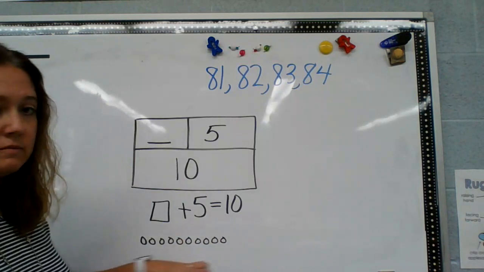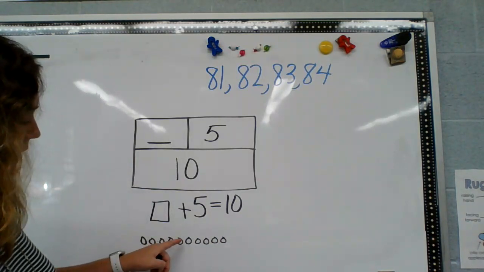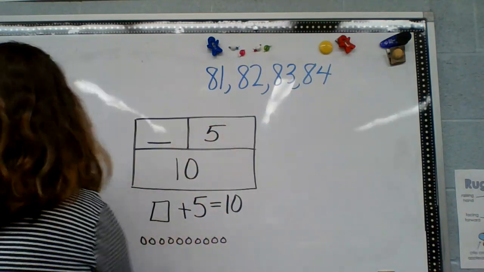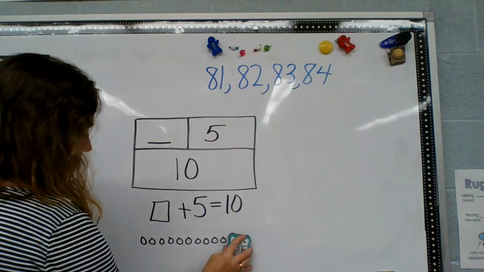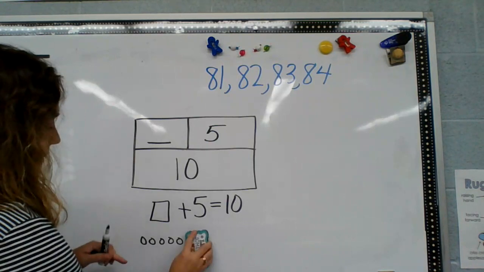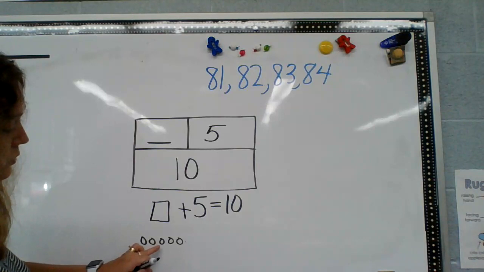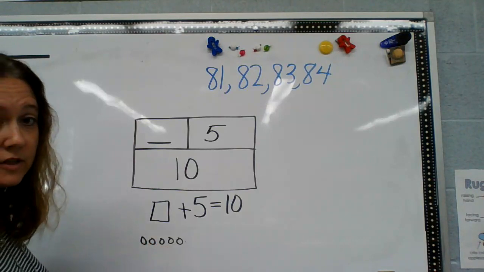We have 10 Cheerios. You can take 5 away, and then you have 1, 2, 3, 4, 5 left.